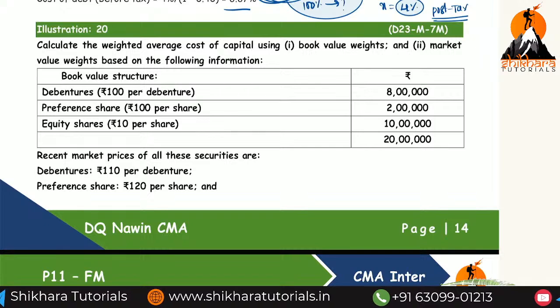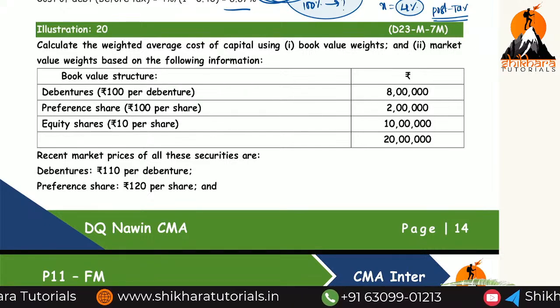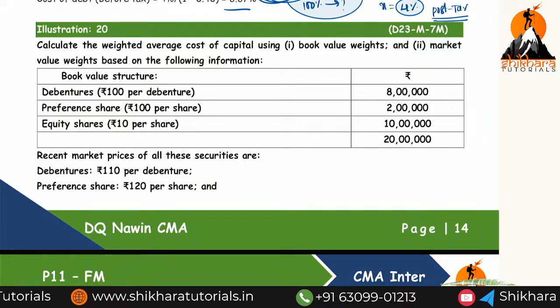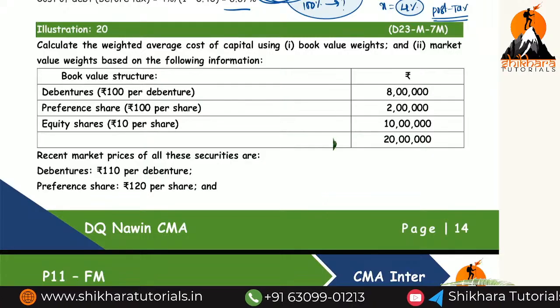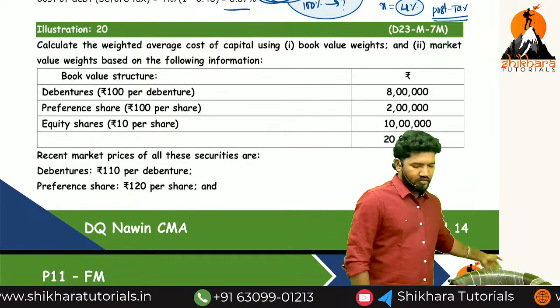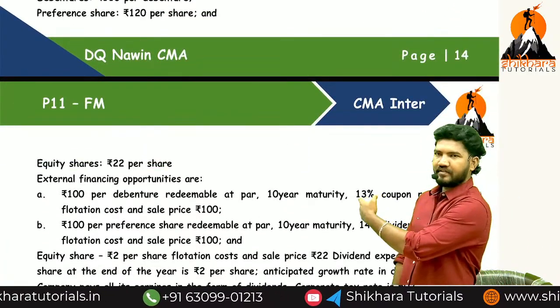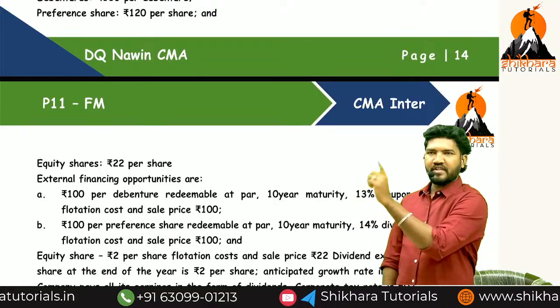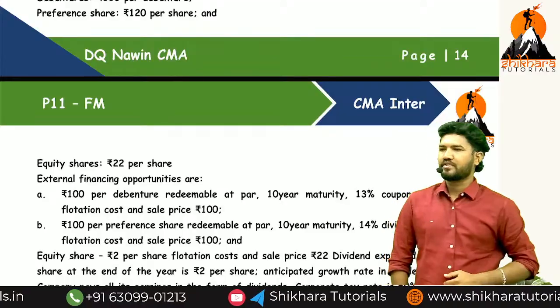Now 10 lakh divided by 10 is 1 lakh shares, into the market price of 22 rupees. Equity share equals 22 per share. In books they recorded 10 rupees, but in the market the value is 22 rupees.